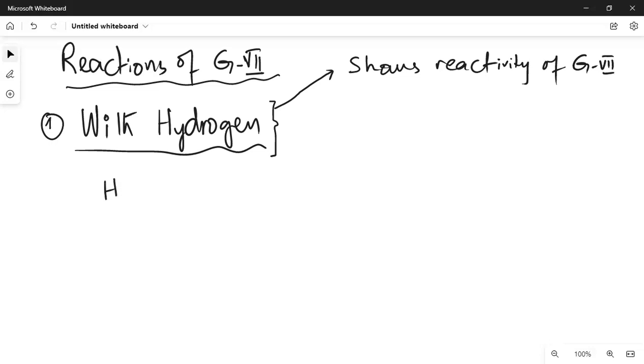Like when I react hydrogen with fluorine, it would form hydrogen fluoride too. All of them are like gases here. This reaction is violent reaction, very fast. It's like extremely fast reaction.